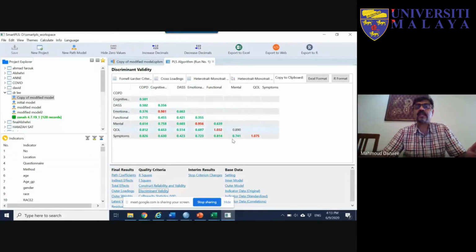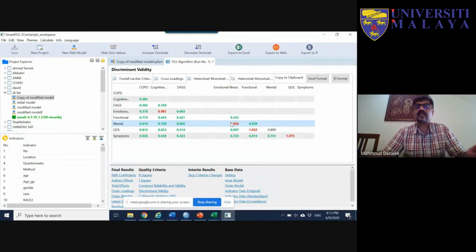This is a new technique to measure this. As you can see here, some of the constructs are highly correlated. So the red line means these variables, emotional illness and mental, are highly correlated.